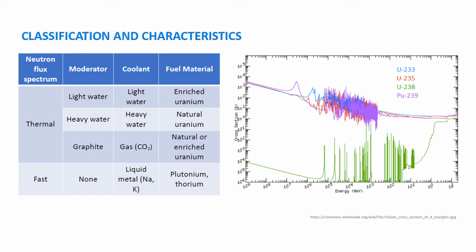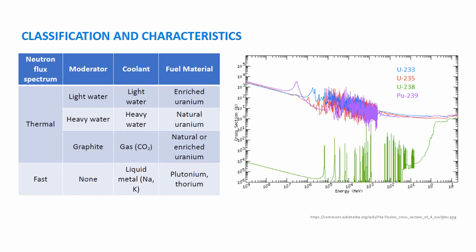In terms of neutron flux spectrum, you have thermal neutrons and then fast neutrons. For thermal, you have light water, heavy water, and then graphite as moderators. For fast, we don't have a moderator. For thermal, you can use coolants such as light water, heavy water, and CO2 gas.